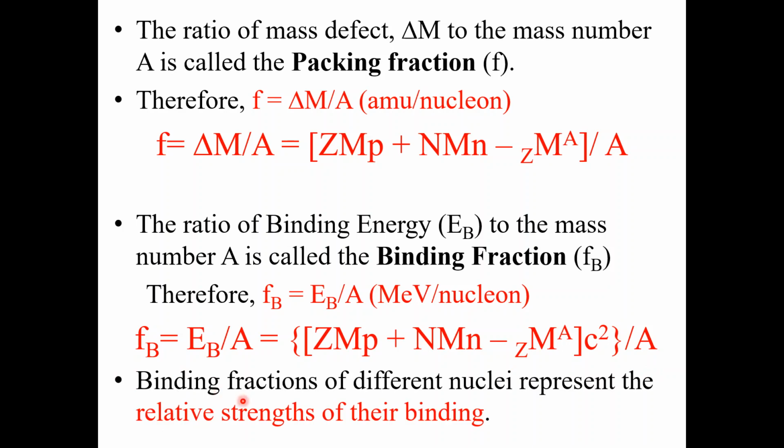So binding fractions of different nuclei represent the relative strength of their binding. Maybe some people may ask, what do we need the binding fraction for, or what is the importance of calculating it?